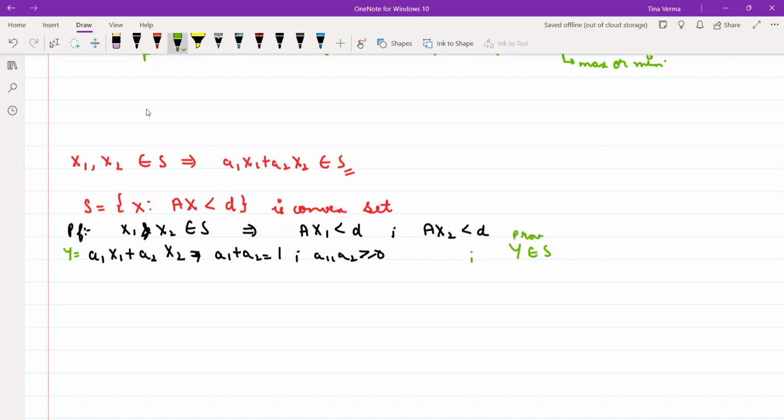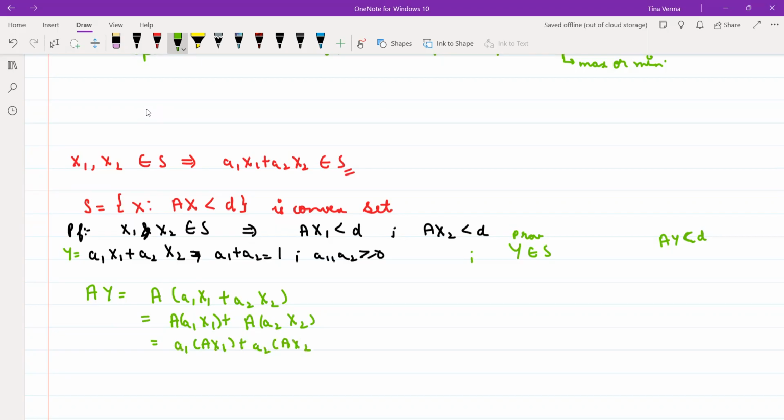When will y go into S? When Ay is less than d. If this definition becomes true, then y goes into S. So when you write A into y, and y is nothing but a1 x1 plus a2 x2, and you multiply, a1 is a scalar, so I can write A into a1 x1; matrices multiply like this. Since a1 is a scalar, I can take it out of the matrix: a1 Ax1 plus a2 Ax2.